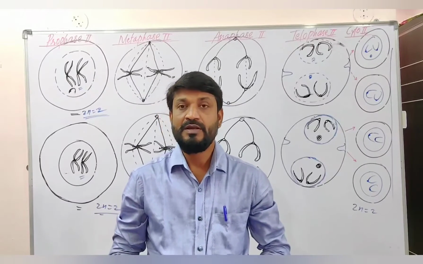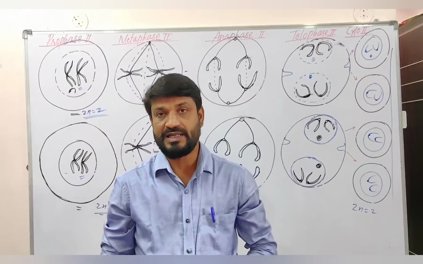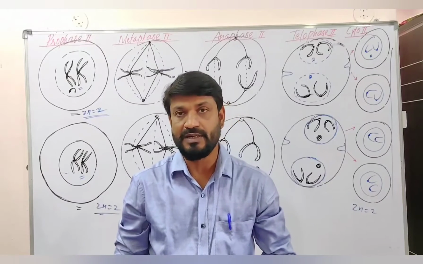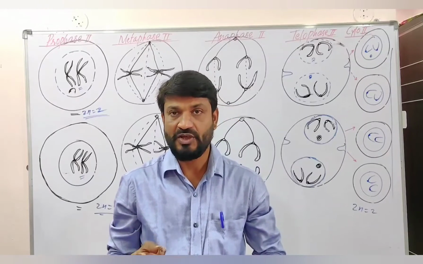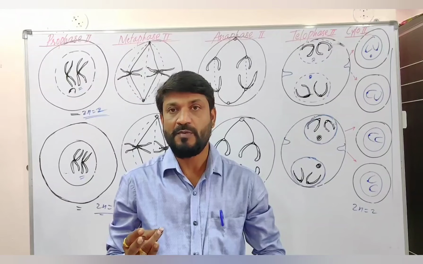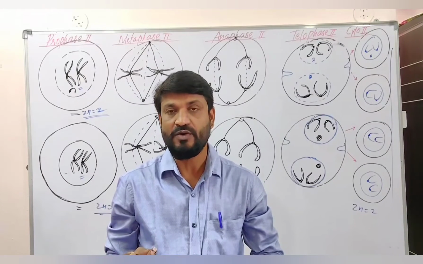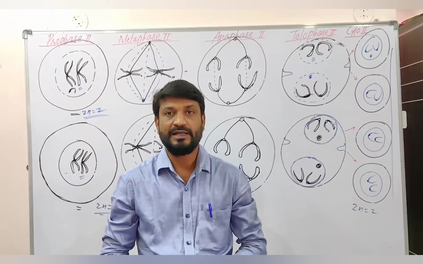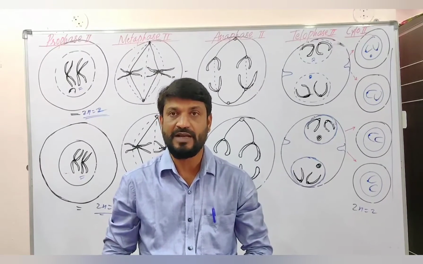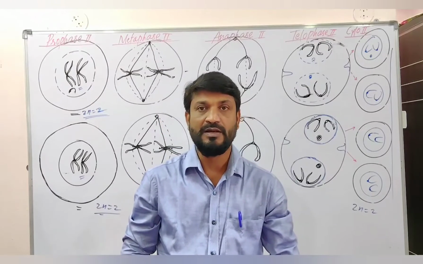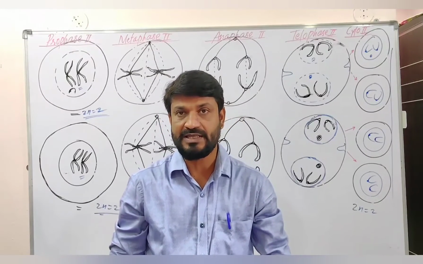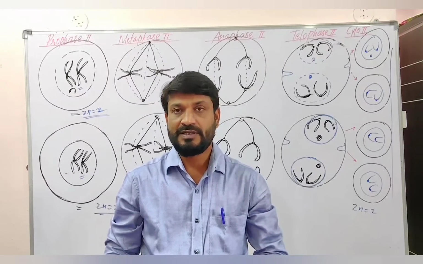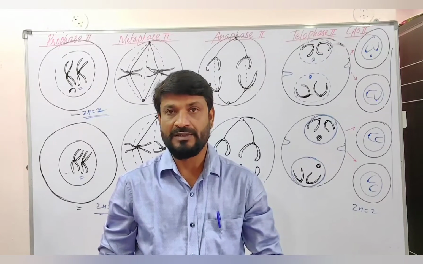Okay, so meiosis and fertilization are the steps where there is maintenance of constant chromosome number. Third application we can say, students, if there is absence of meiosis, there will be formation of abnormal tetraploid or hexaploid cells. Okay, so such cells will be abnormal.